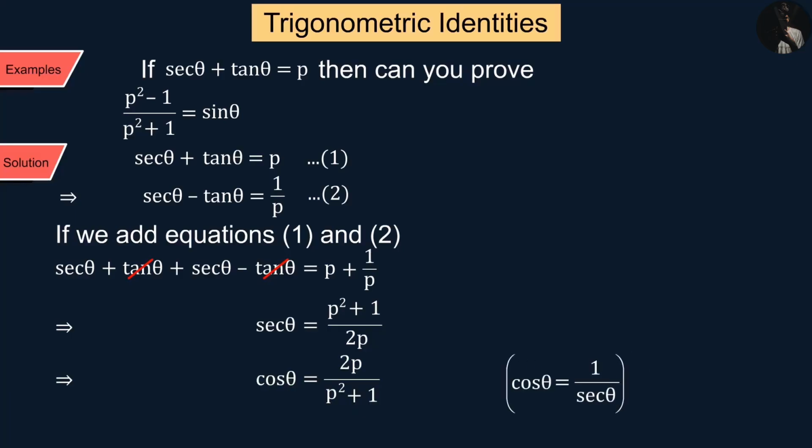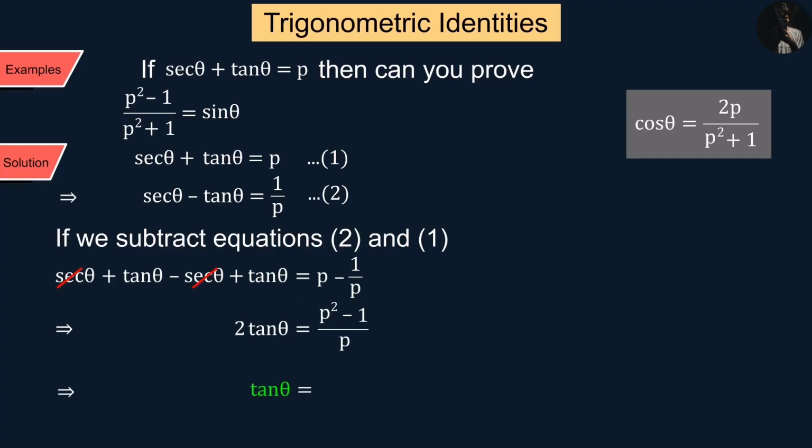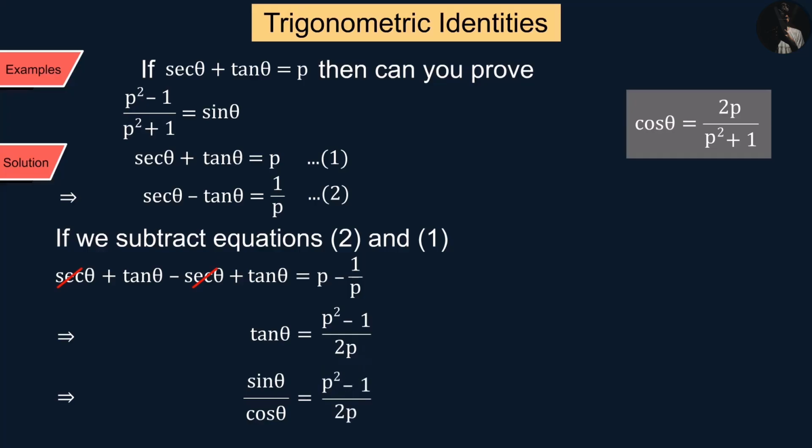which we can also write in this way, since we know that cos theta equals 1 upon sec theta. Similarly, if we subtract equation 2 from equation 1, we get tan theta is equal to p square minus 1 upon 2p, where we change tan theta into sin theta upon cos theta.